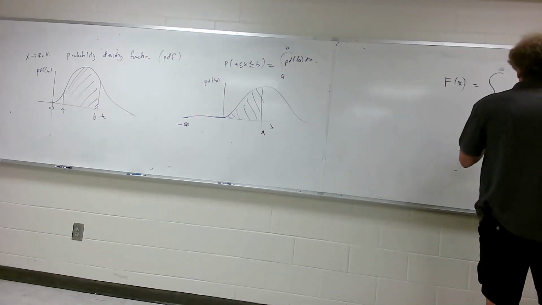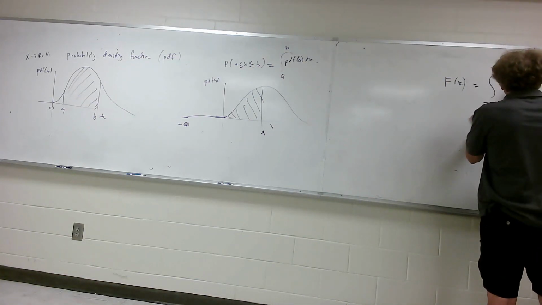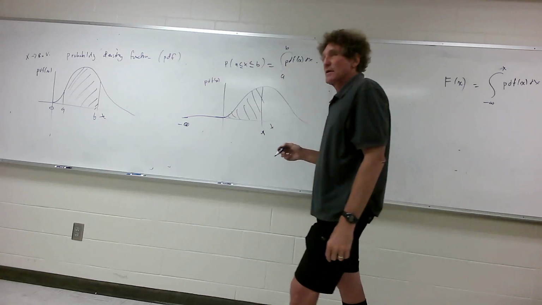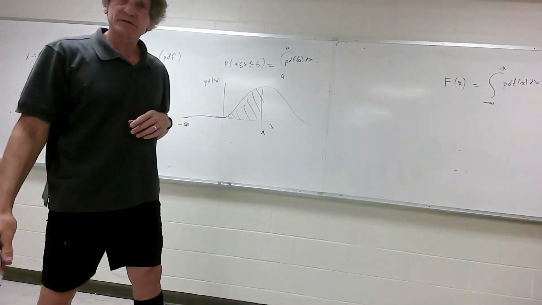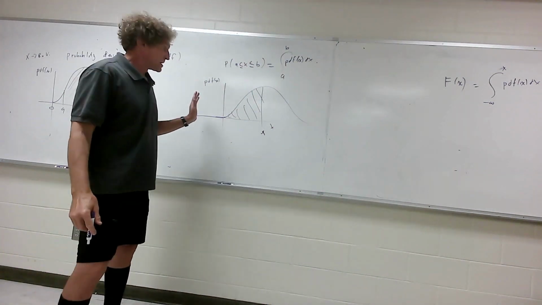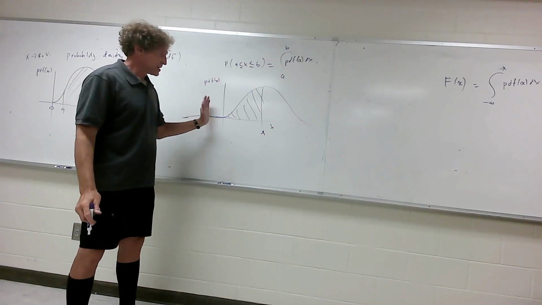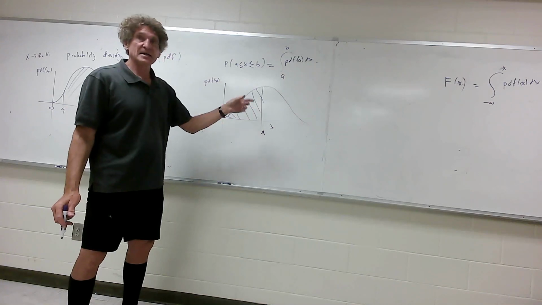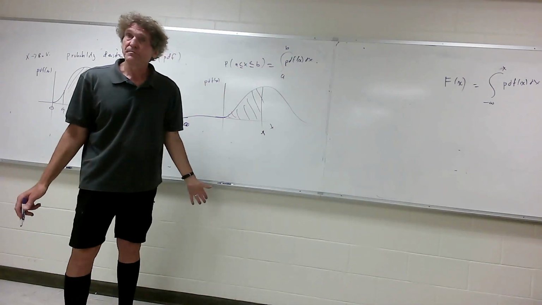It's simply the integral from minus infinity to x of the probability density function of x dx. I'm not trying to fool you with any of this stuff, but this f of x thing is really the integral of that PDF all the way up to x. And as x goes to infinity, it has to go to 1.